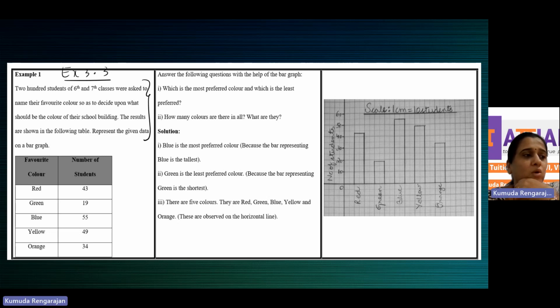Write down the table alone. Copy the table showing favorite color and number of students. That's all. Now take down the table alone, favorite color and number of students. And then make the graph. After copying the table, you should make the graph, all of you.